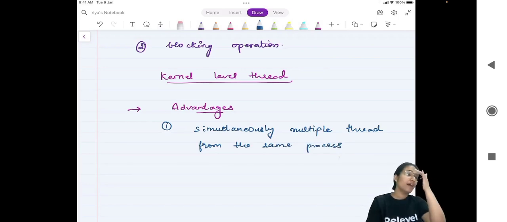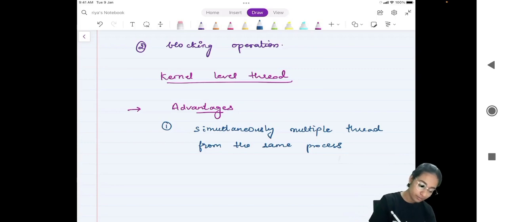Okay. Another advantage is that if one process is blocked, kernel can schedule other thread.